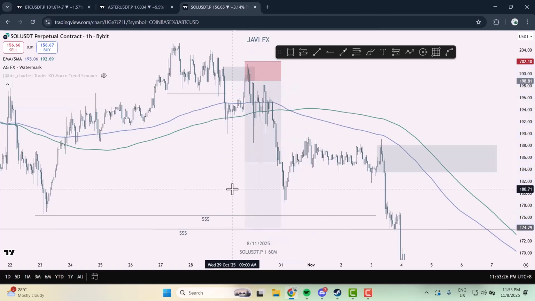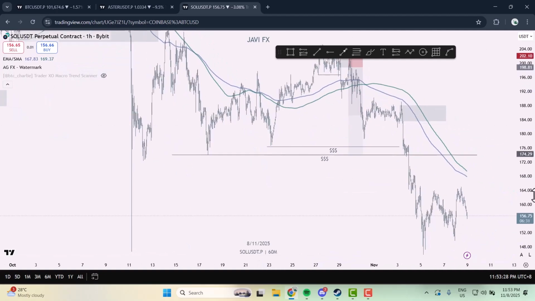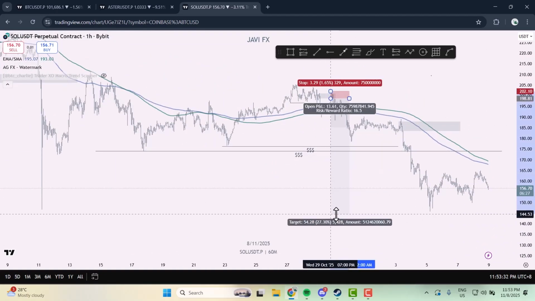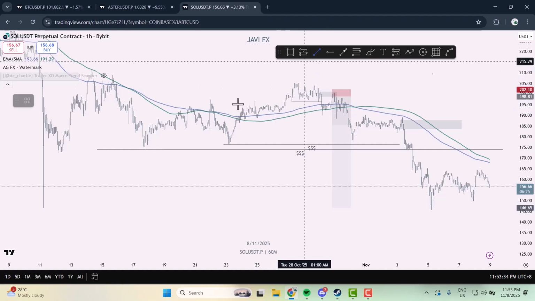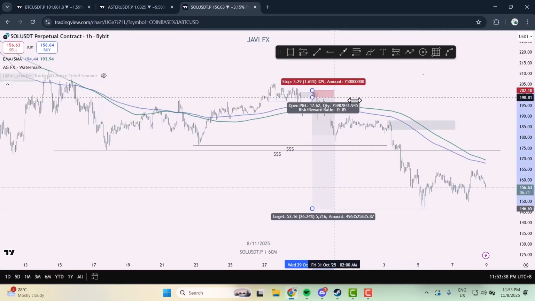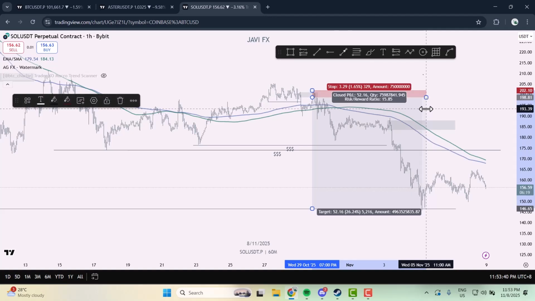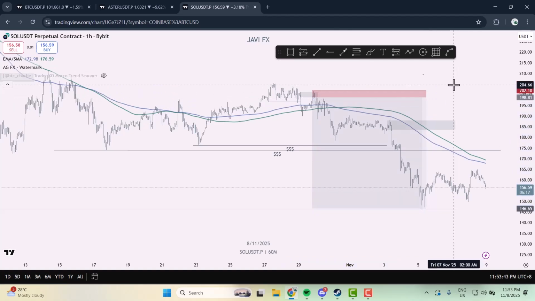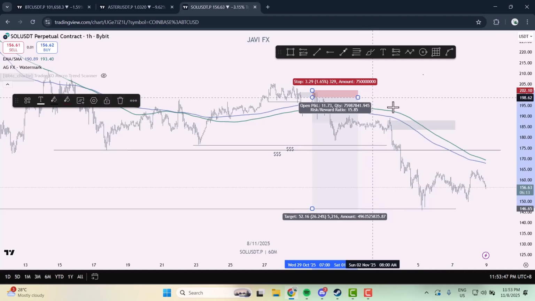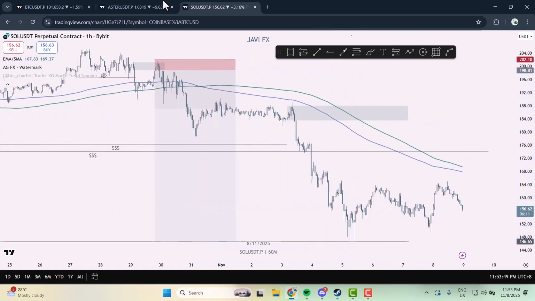So again, we have liquidity targets. And honestly, this is also a good liquidity target that eventually got hit. So that's a 15.85 RR trade. Beautiful. If you missed this, well, guess what?